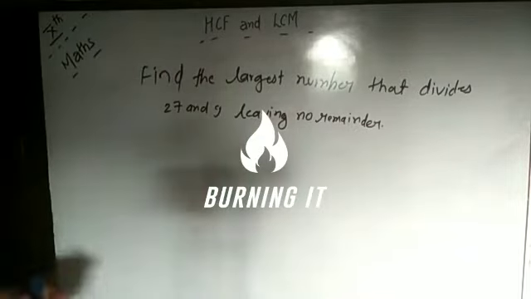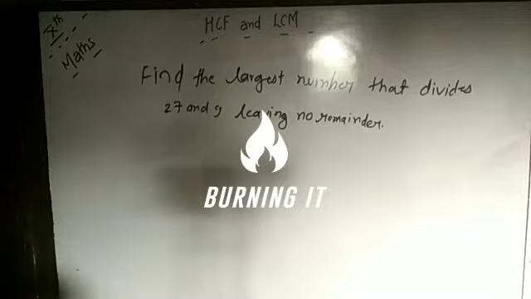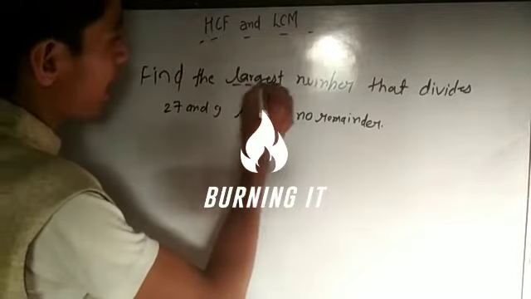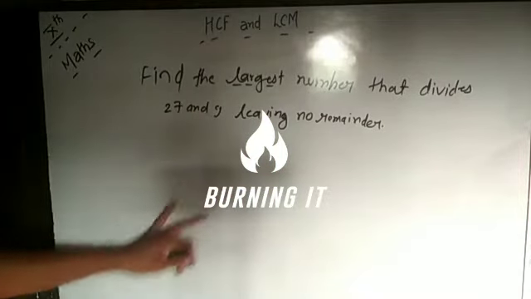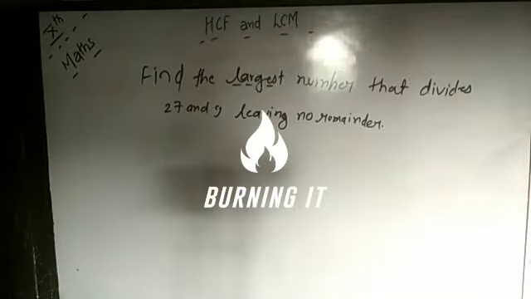As I told you, whenever we have to find the HCF, there might be the term largest. Find the largest number that divides 27 and 9, leaving no remainder in each case.